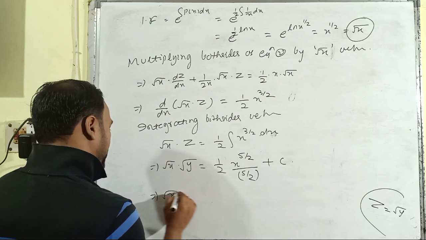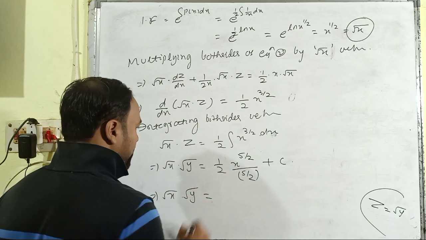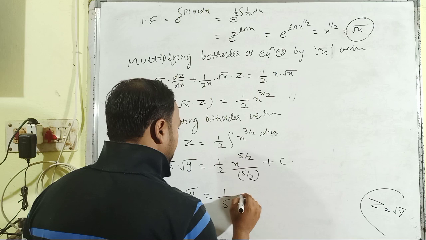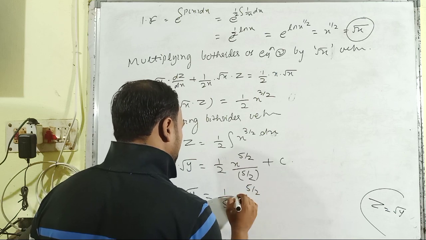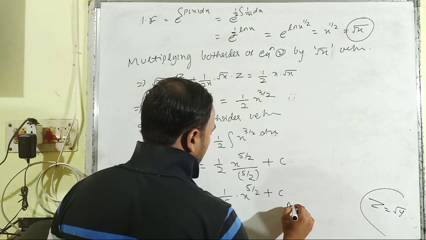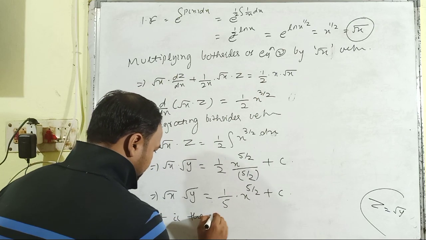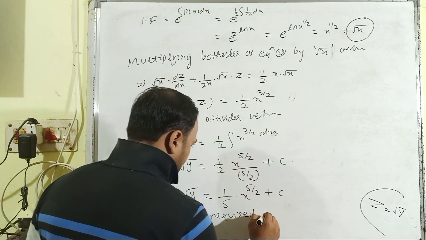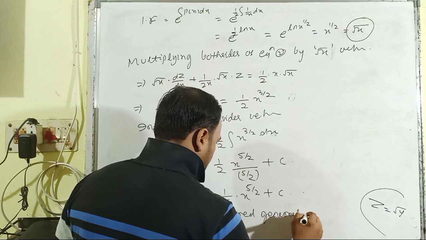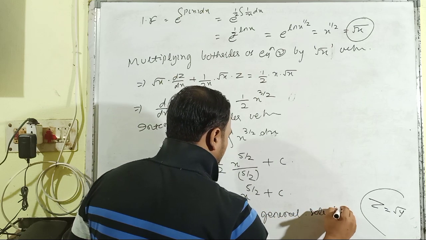Then it is square root of x multiplied with the square root of y is 1 upon 5 x to the power 5 by 2 plus any constant c. It is the required general solution.